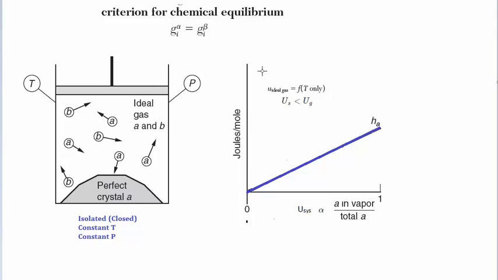Well, the other thing that affects the energy of the system is how much of it is actually present. So if you have more and more gas in the system, remember gas has a higher internal energy than solids. So in the conversion of this solid A to gaseous A, we're saying the internal energy of a gas is higher than the internal energy of a solid.